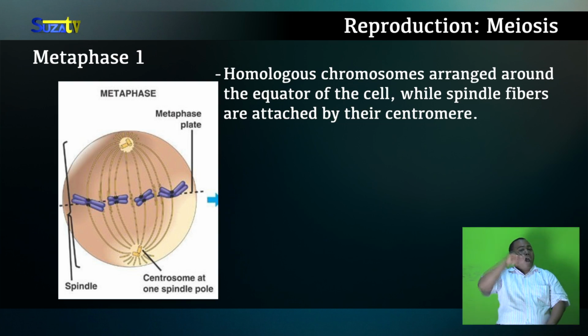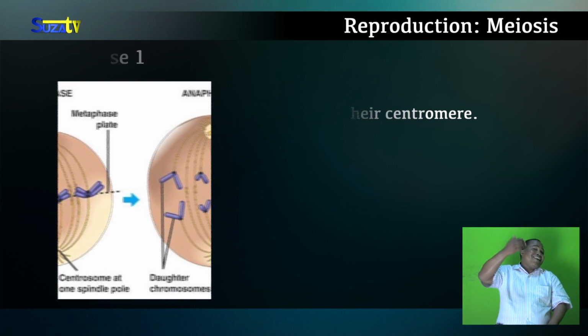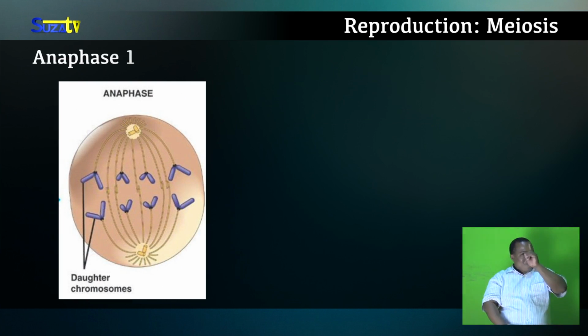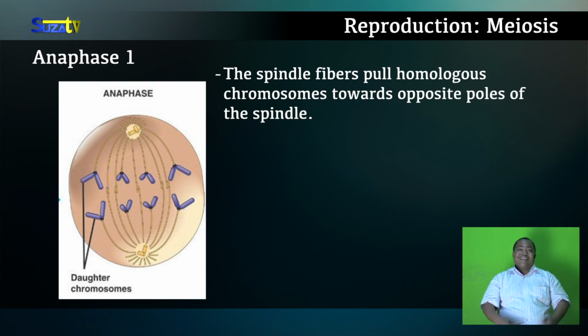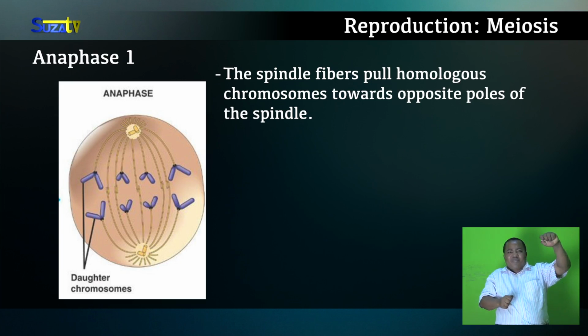After this, let us see the next stage, which is anaphase I. My dears, in anaphase I, the spindle fibers pull the homologous chromosomes toward the opposite poles of the spindle.